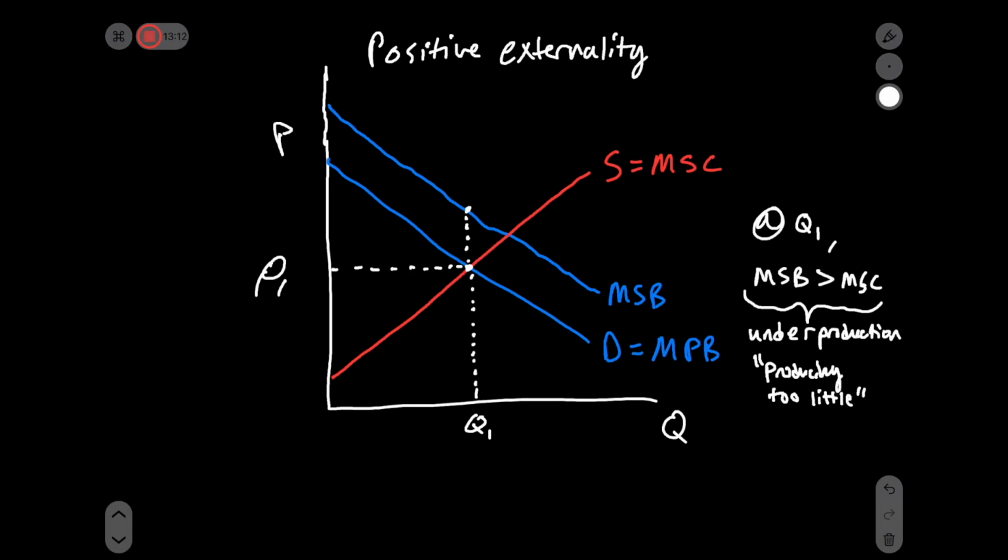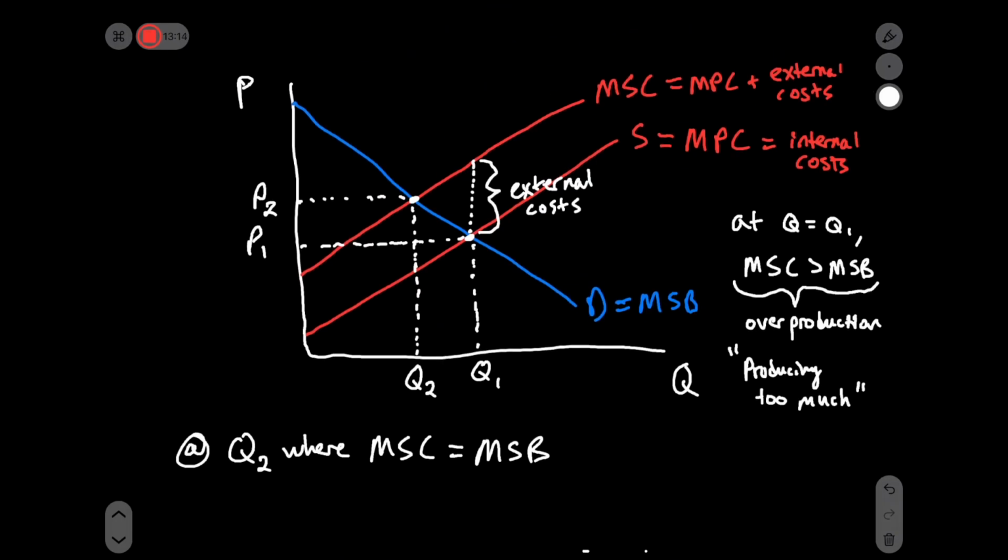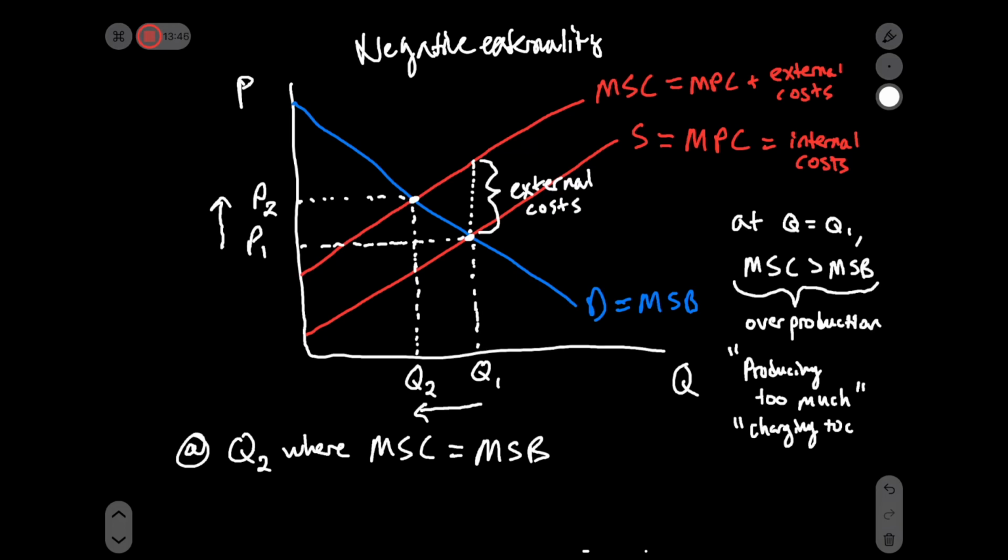Now, in our previous example, we'll just go back here for a moment. Society was producing too much. We could benefit by reducing the amount of this good that we're producing, and we'd benefit by raising the price. So we're also, in the case of a negative externality, okay, sorry for my sloppy handwriting there, negative externality, we are charging too low of a price.